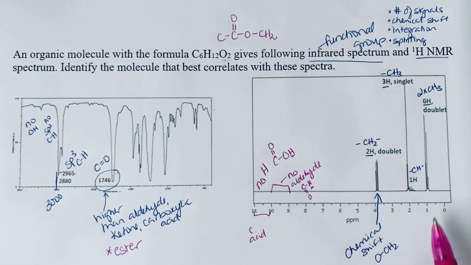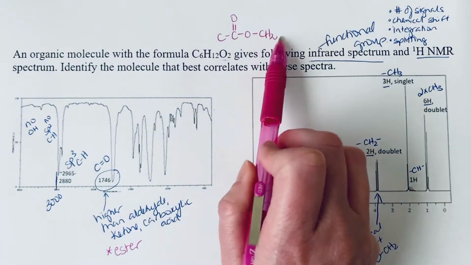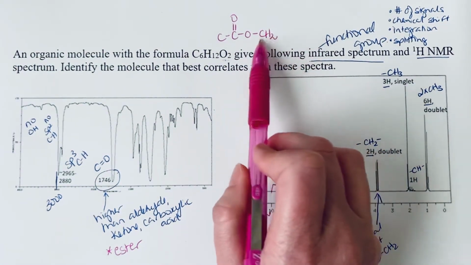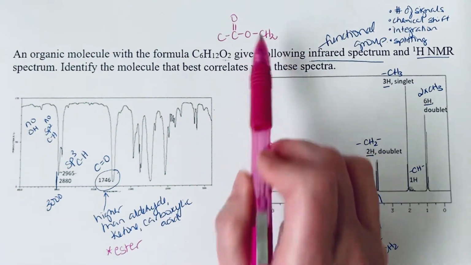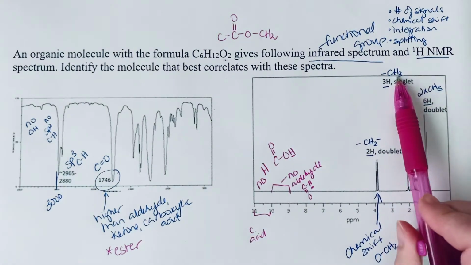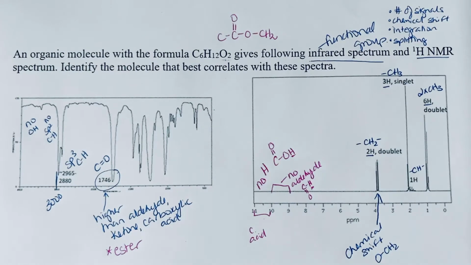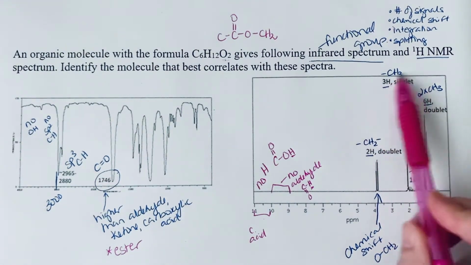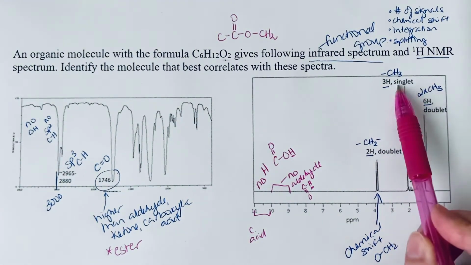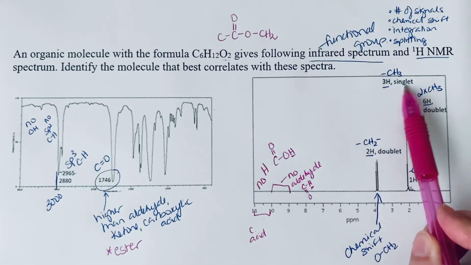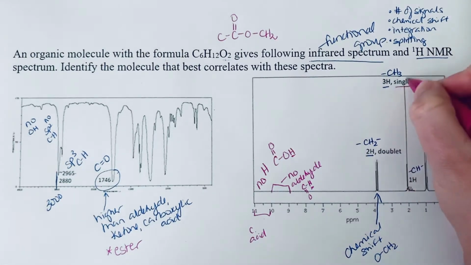Okay, and then if we look at the rest of the signals, we're going to have to build on the rest of this chain, because that CH2, that's not terminal. I do have 3 pieces that look like terminal pieces, right? CH3s are always going to end a chain. So if I look at that next CH3 group, it is a singlet, so indicating it has no neighboring hydrogens.